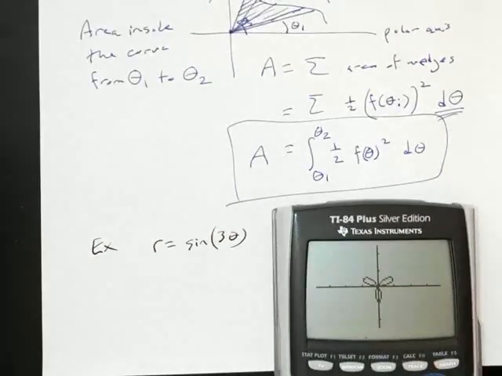Aha, it's across the y-axis because that's a sine. If it was a cosine, it would be across the x-axis. I'm good with that. I'm very happy about that.